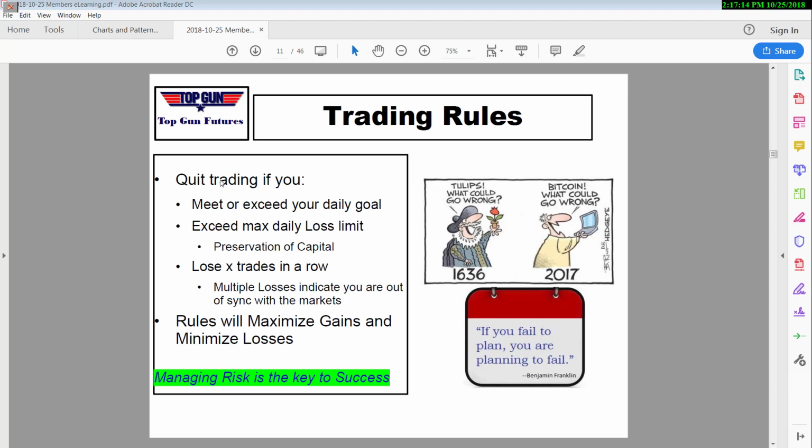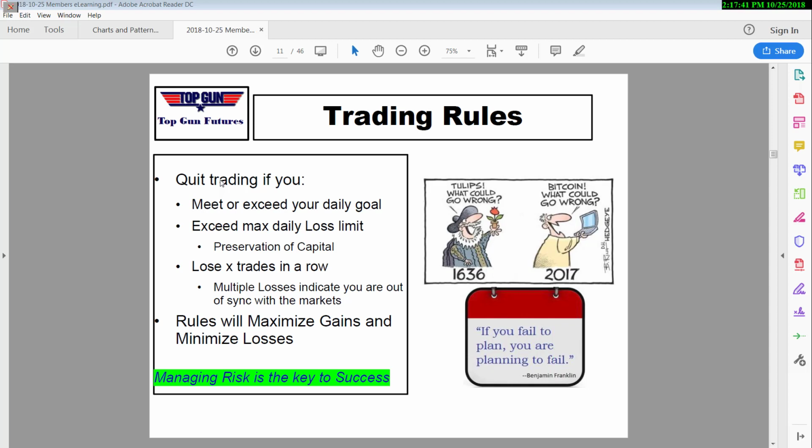The longer you stay at the table, the more likely it is that they're going to get your money. If you meet or exceed your daily goal, whatever you decided that is, quit. Go find something else to do that day. If you exceed your maximum daily loss limit, quit. You need to preserve your capital. Keep the powder dry.